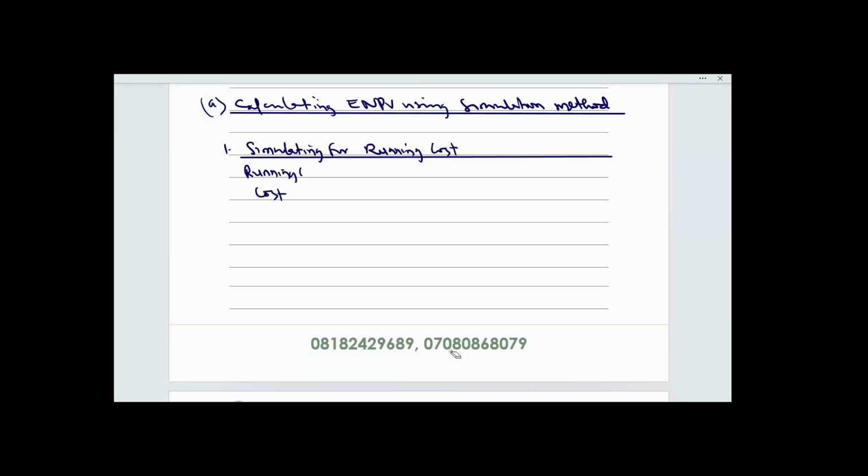After running costs, we create a column for probability, another column for the cumulative of probability in percentage. Then you create a column for random allocation, and another column for random number. In this case, the examiner called it tag number.